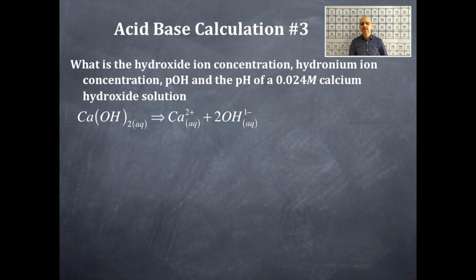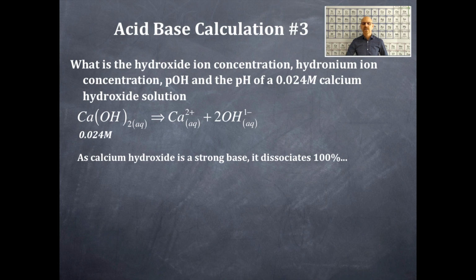I have a 0.024 molar calcium hydroxide solution, so that goes right there. Then I dissociate this using the mole ratio: 1 mole of calcium hydroxide to 1 mole of calcium ion, knowing that it ionizes 100%.